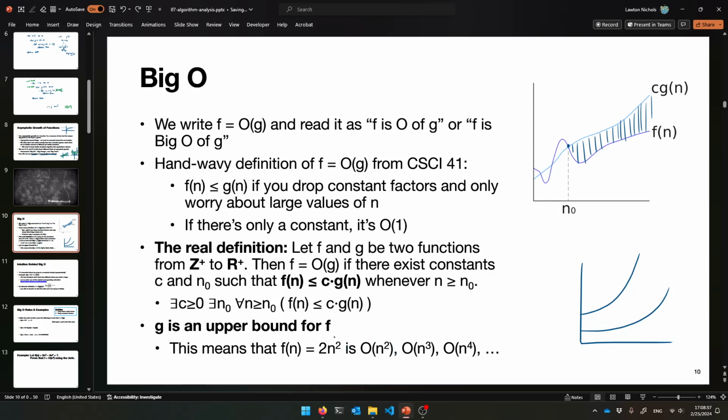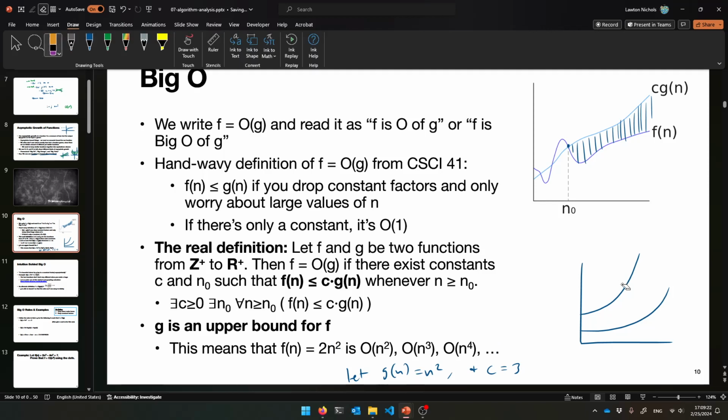According to the definition, I need to pick some things. Let g of n equal n squared to prove that it's big O of n squared. Then you have to pick your constant out in front. If it's 2 here, just make your constant c equal 3, and I think it'll always be bigger.